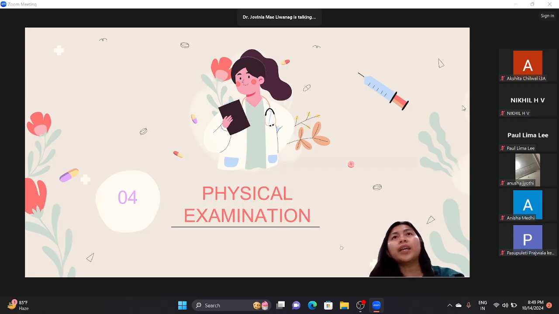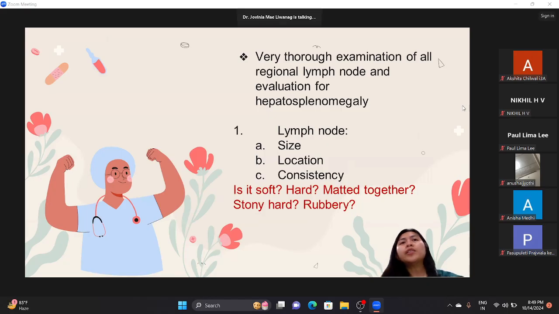So what will we do? Of course, 80% will be coming from the history and 20% will give you the correct diagnosis coming from the physical examination. So these are the clues. So a very thorough examination of all regional lymph nodes and evaluation for hepatosplenomegaly.